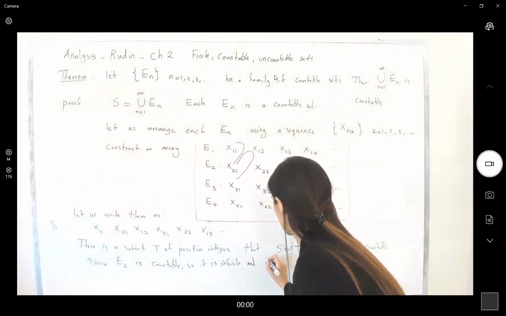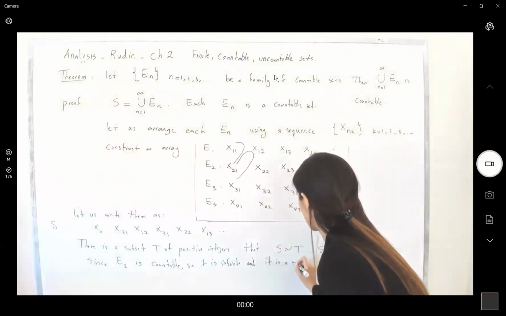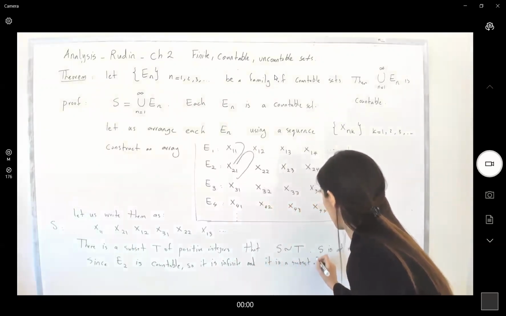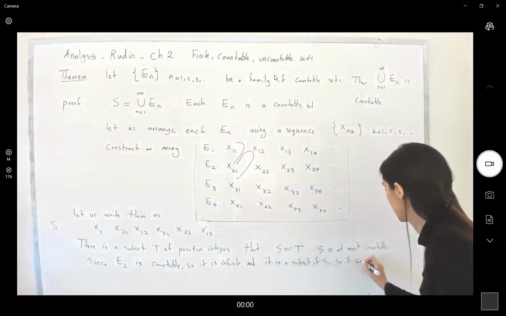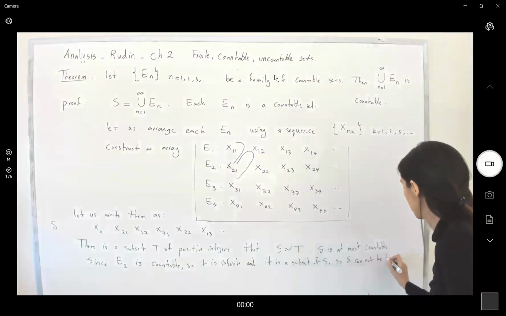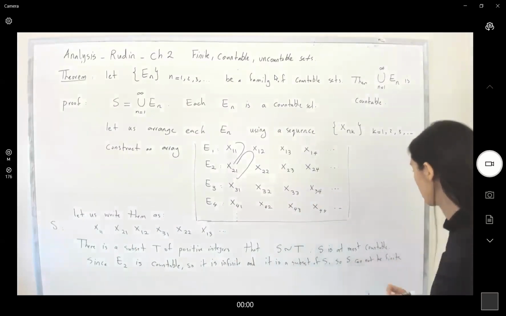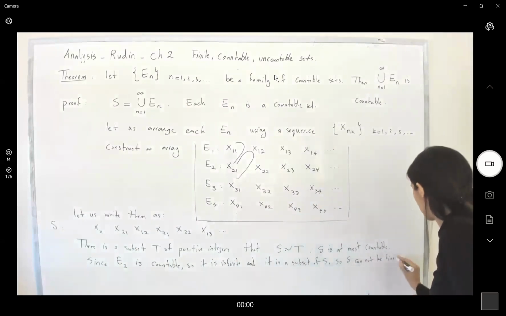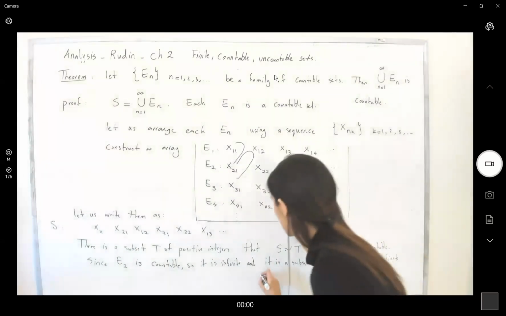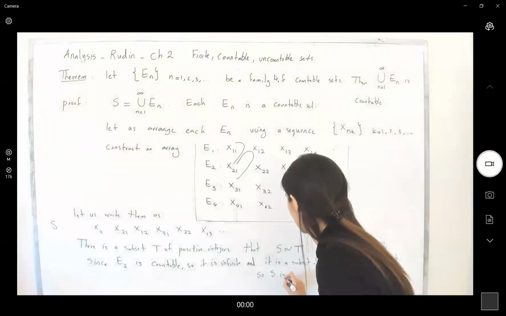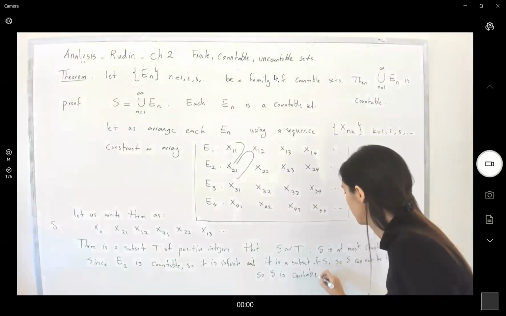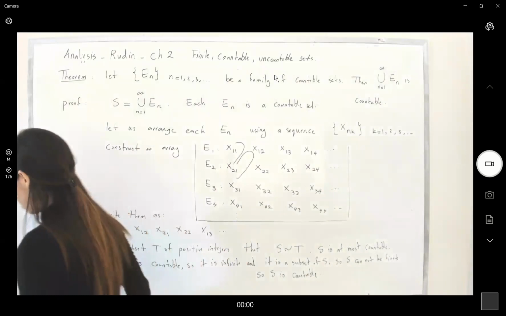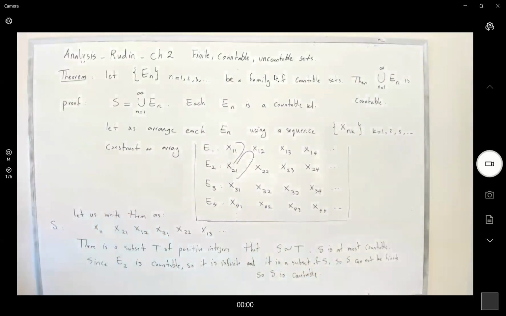And it is a subset of S. So S cannot be finite. So S is countable. And we're done with the proof.